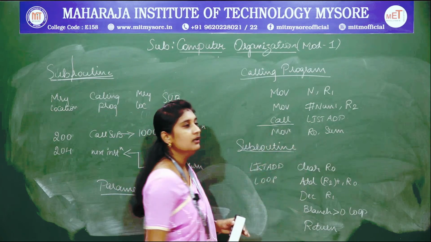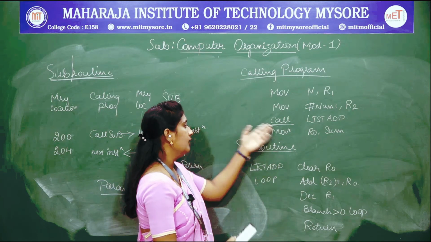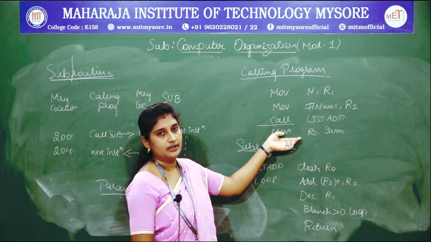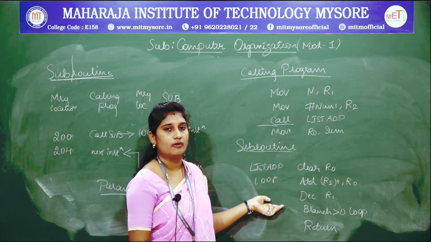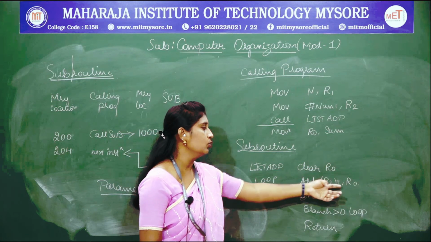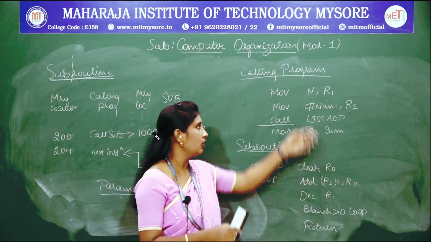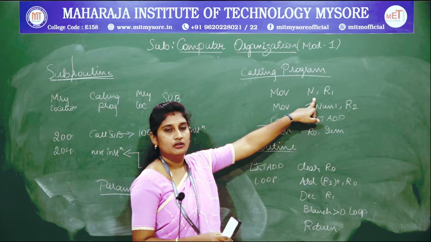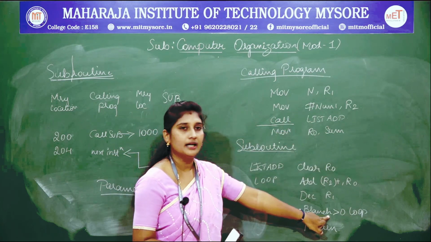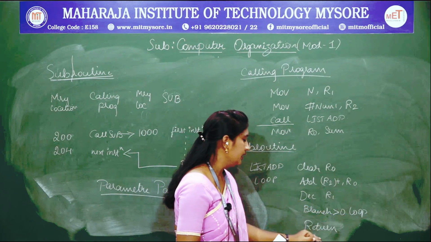You will be saving the address of the main program in your link register and the main program is halted, and you start the execution of your subroutine, that is Clear R0, Add (R2)+, R0, Decrement R1. Why? Because I need to continue till 0, till my condition fails, Branch>0 Loop, Return.